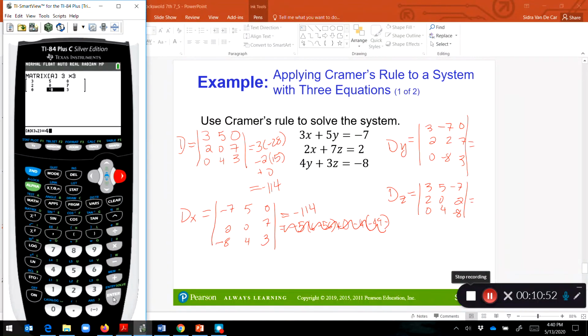And we're going to change that third column to -7, 2, -8. And now let's quit out of there, back to the home screen, and calculate that determinant one more time. We get 0. So 228 and then 0.